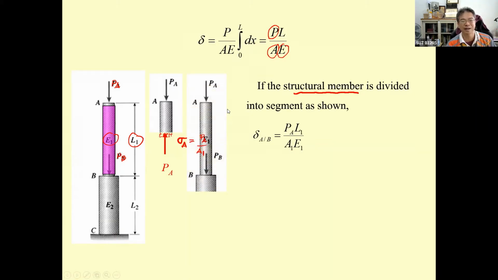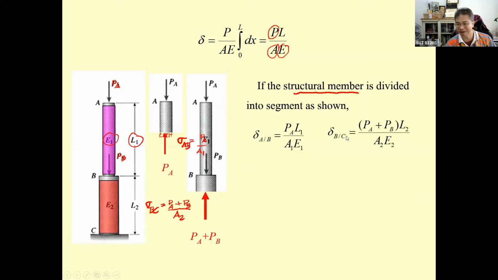This is going to be the summation of F sub y equal to 0, P sub A plus P sub B. So actually this is going to be sigma sub BC, going to be P sub A plus P sub B divided by, let's call it A2. That is going to be the stress. And then the deformation is going to be the internal force times L2 divided by A2 and E2.